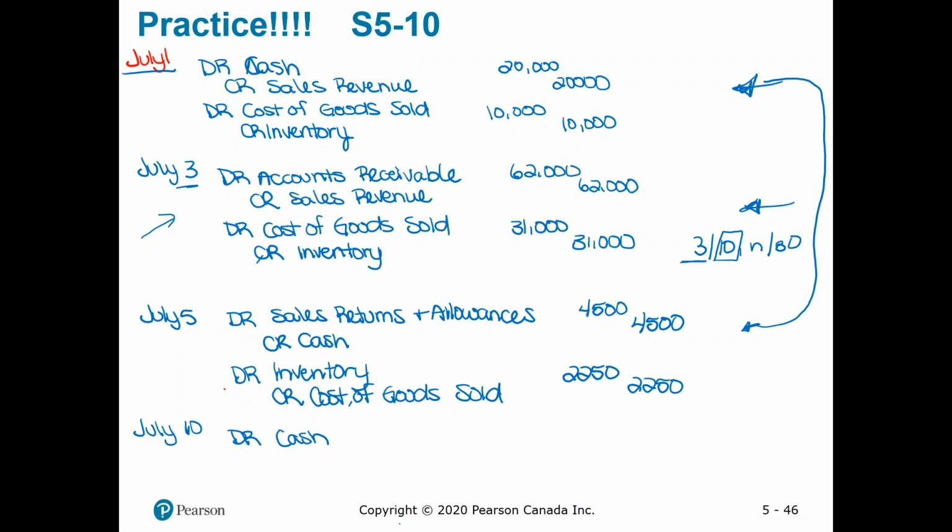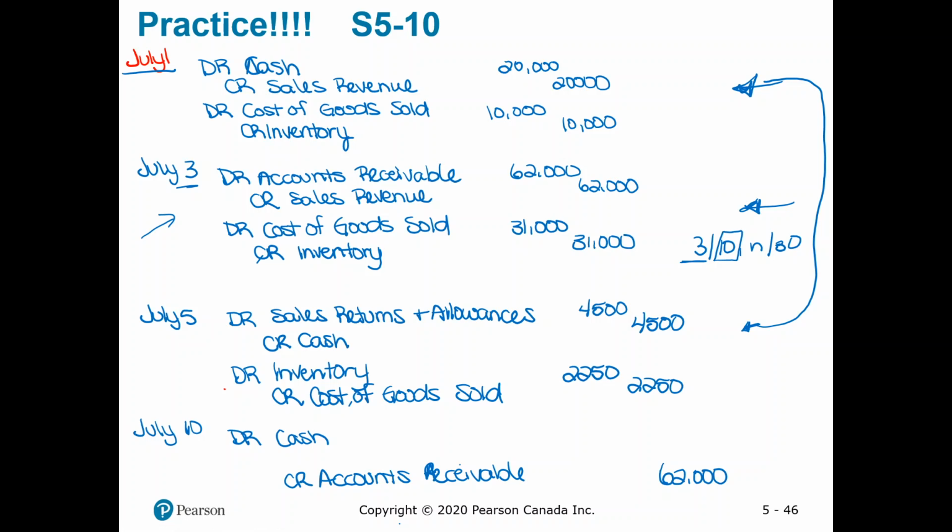So we still have the full AR of $62,000 outstanding. So we can go ahead and credit accounts receivable for that full amount, because they're never going to pay us anything else, so we get rid of the full AR amount. And we also use this $62,000 to figure out our discount.